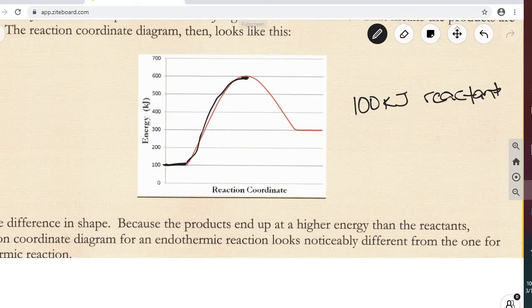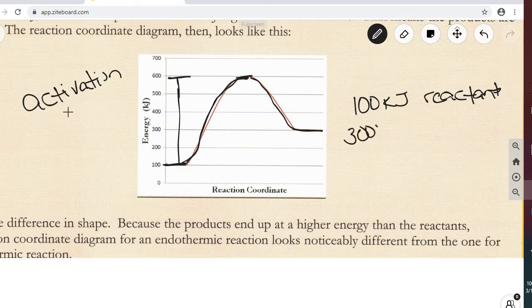So we went from 100 up to 500. So this amount from here to here would be the activation energy. That's the energy that you have to put in to get the chemical reaction going. And then the reaction will proceed and we end up with 300 kilojoules as the products.